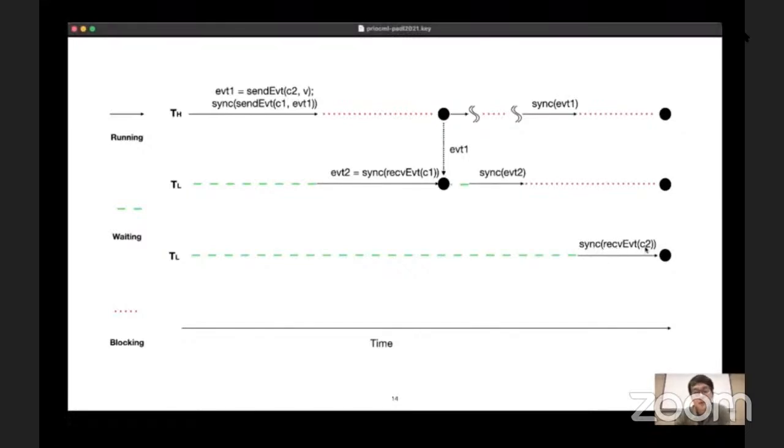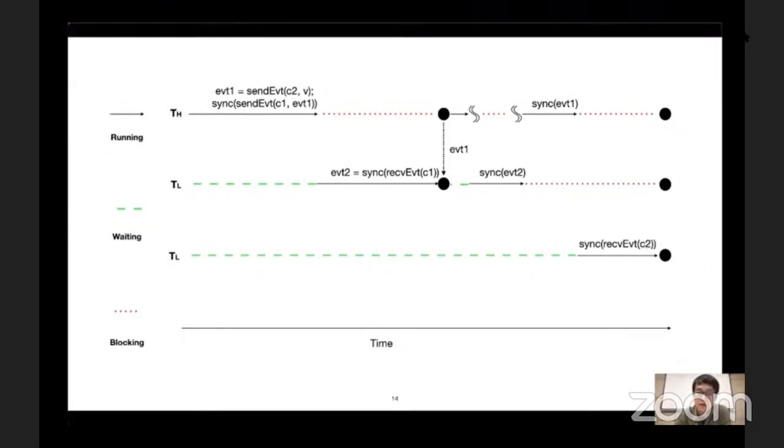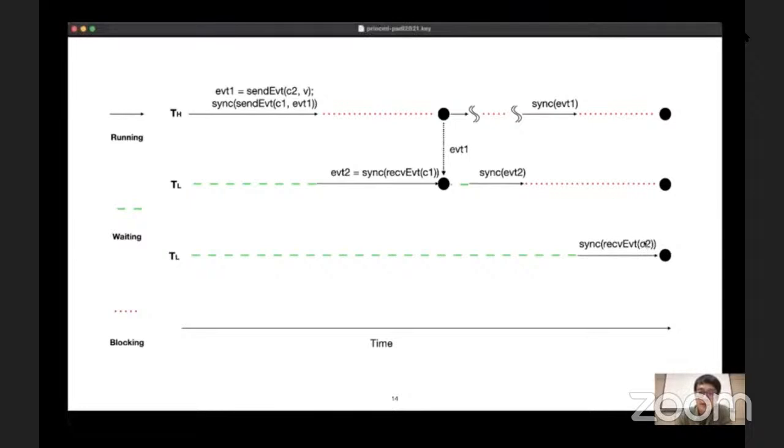So now we have two pairs of communication. The first pair is this receive from C2, which can be paired with EVT1, since EVT1 is communicating through C2.